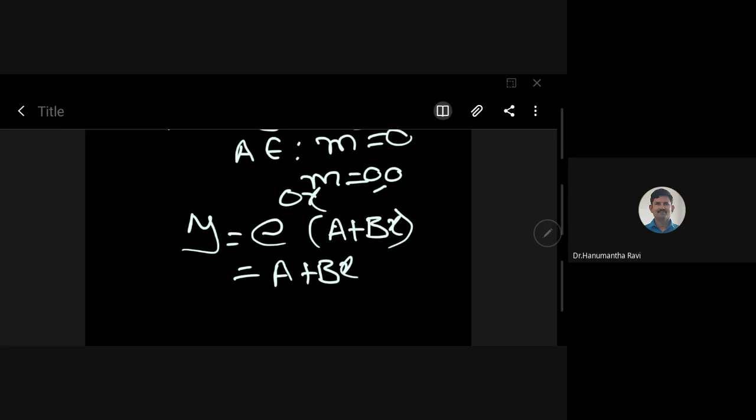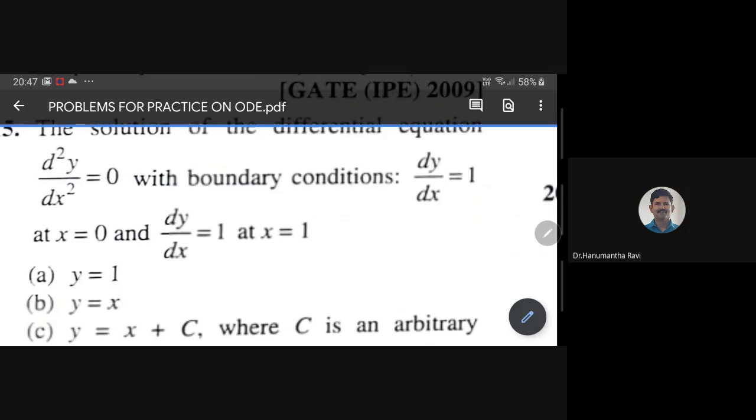But there are boundary conditions here. What are they? y is 1 at x is equal to 0, and y is 1 at x is equal to 1.